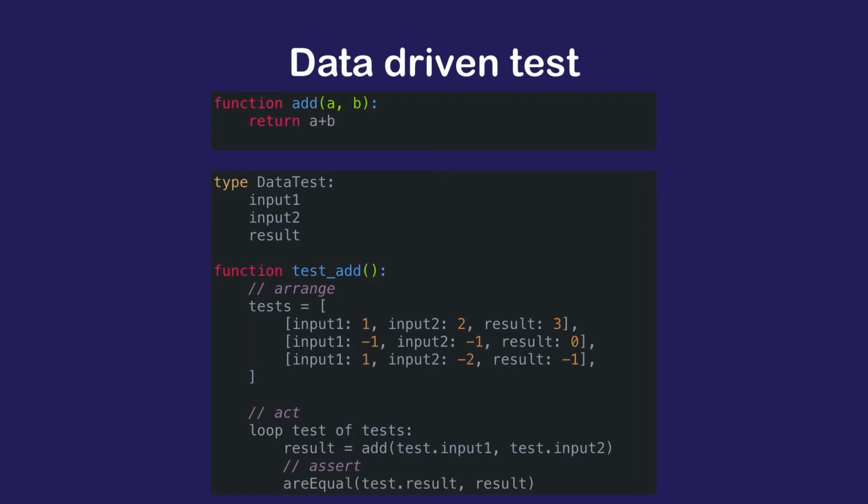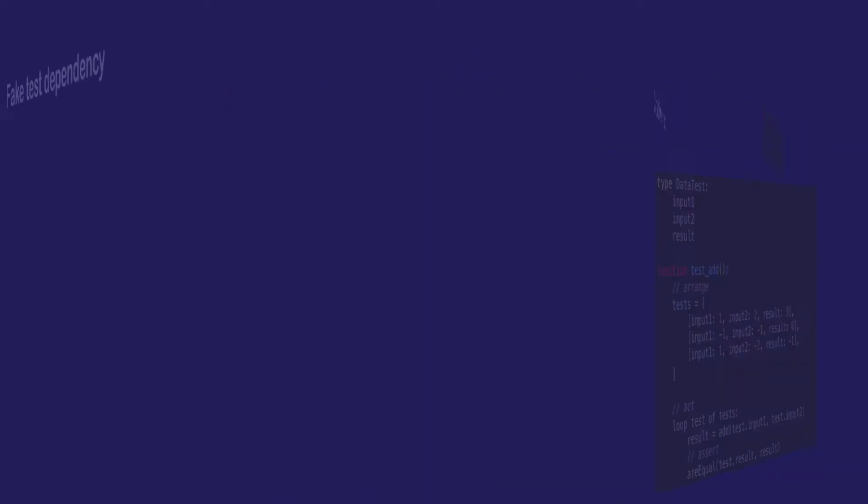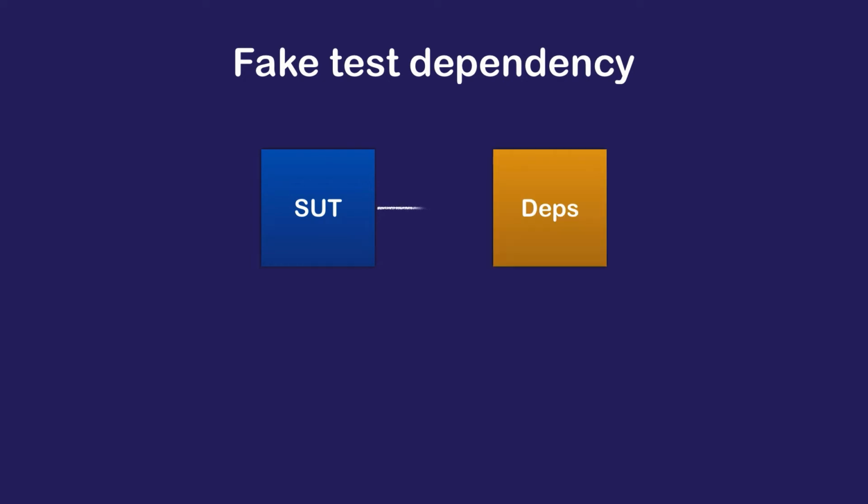The next technique we are going to see is called fake test dependency. It is very common that the SUT depends on something else. The dependency could be anything like another function, object, or external system, and we may not be able to control their behavior all the time.